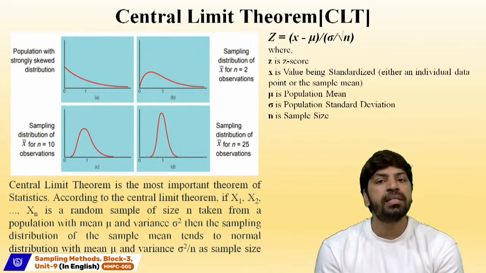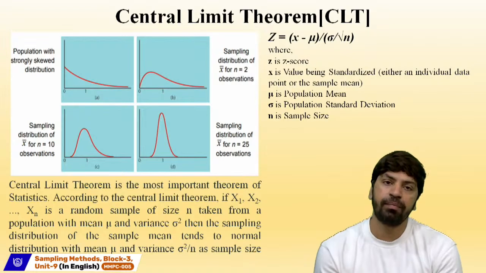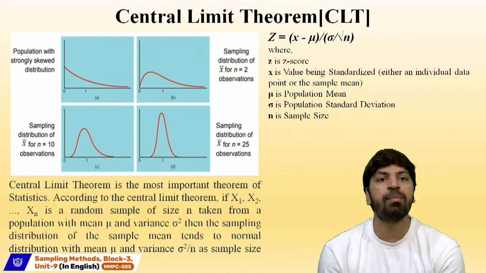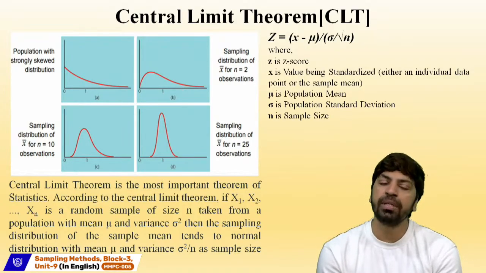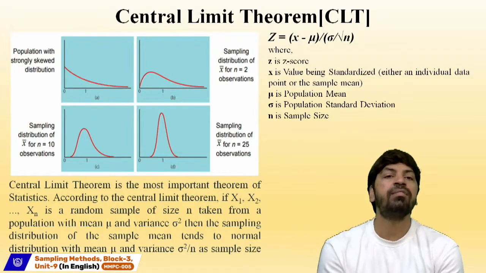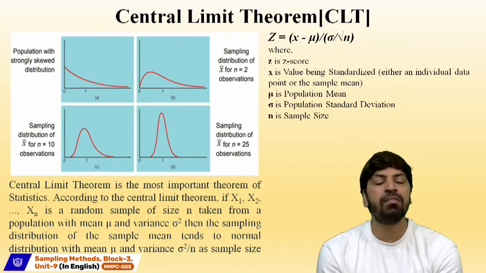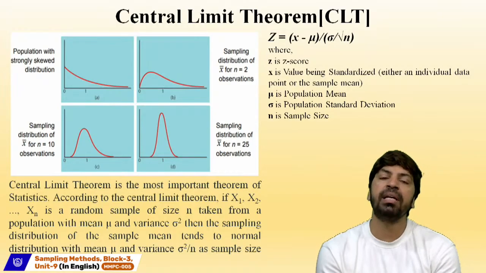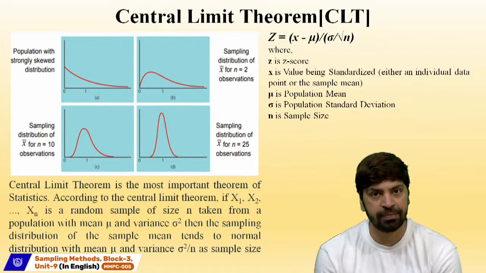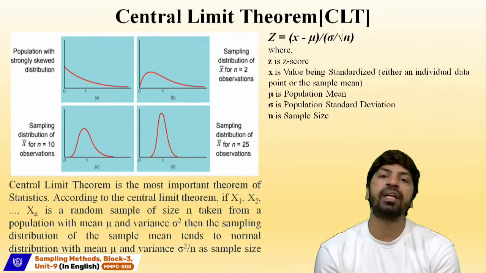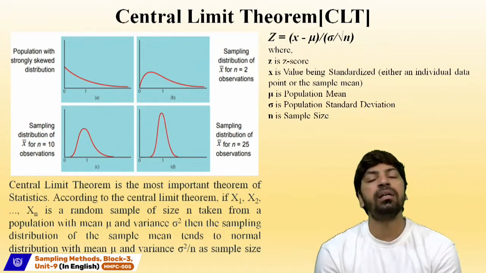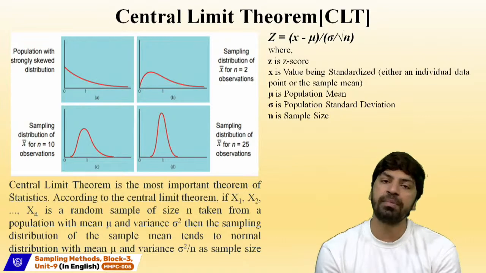So the next concept is the central limit theorem. As you can see, the population is classified into four categories. First, the population with a strongly skewed distribution, where you can see a curve which touches the y-axis and immediately falls to the x-axis. The next category is the sampling distribution of the mean for n equal to 2 observations.